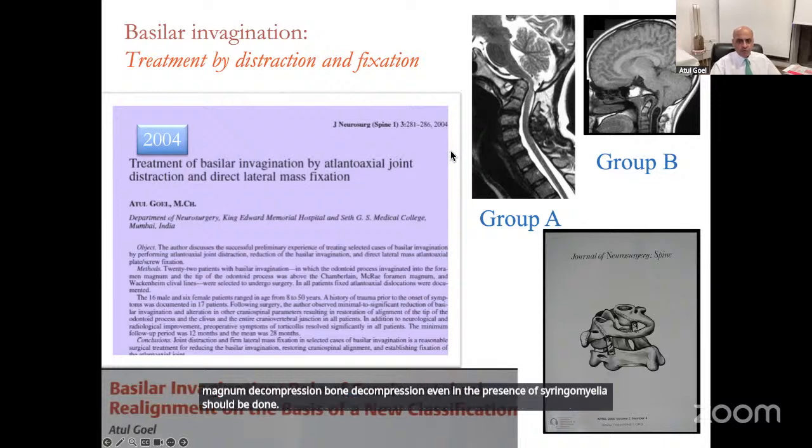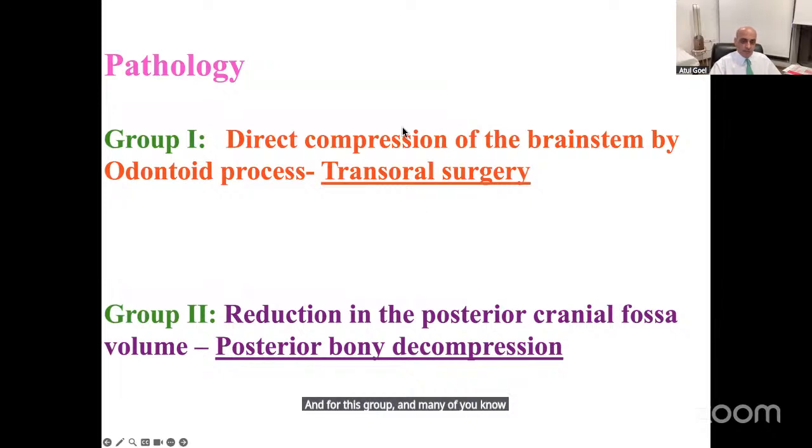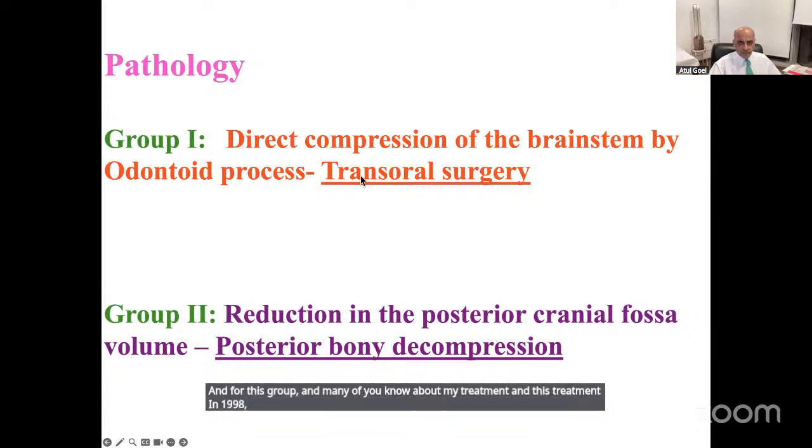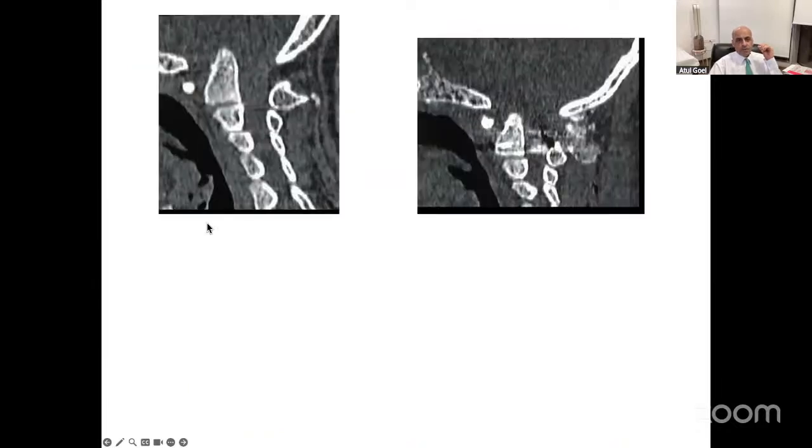And for this group, and many of you know about my treatment, in 1998 we said that the brainstem is compressed, so the transoral, and in group 2, foramen magnum decompression. We had said that bone decompression should be done for cases of Chiari malformation, and there is no need to do dural decompression.